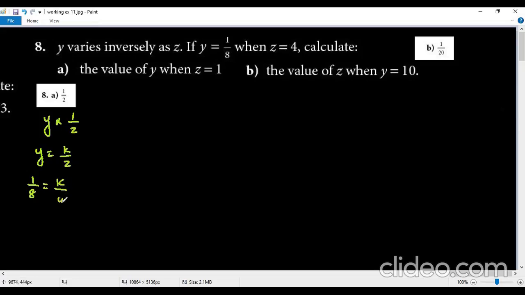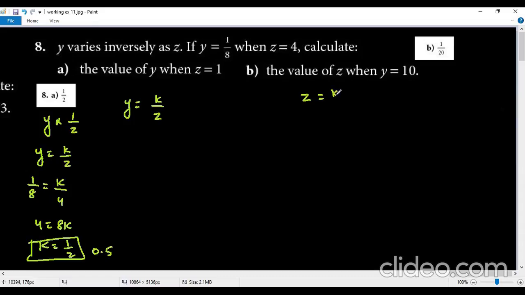That means 1 over 8 equals k over 4. That means k is equal to 1 over 2, or you may write 0.5, both are fine. So now we know the formula of y equals k over z, and here z equals k over y.